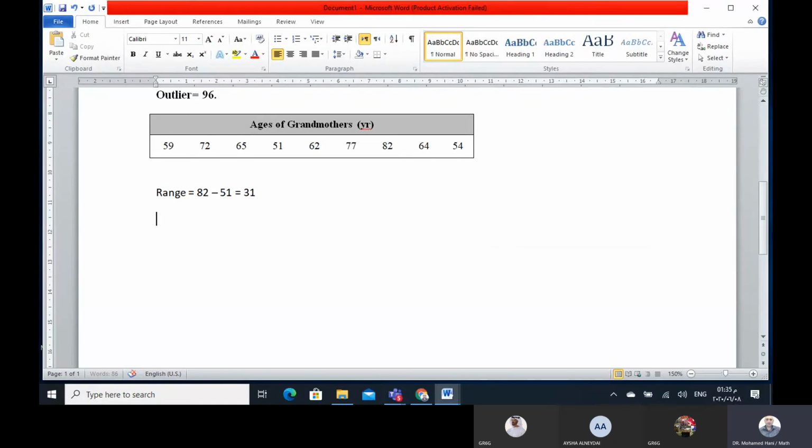Continue now. Order the data, then find the median, then find the first quartile and the third quartile.